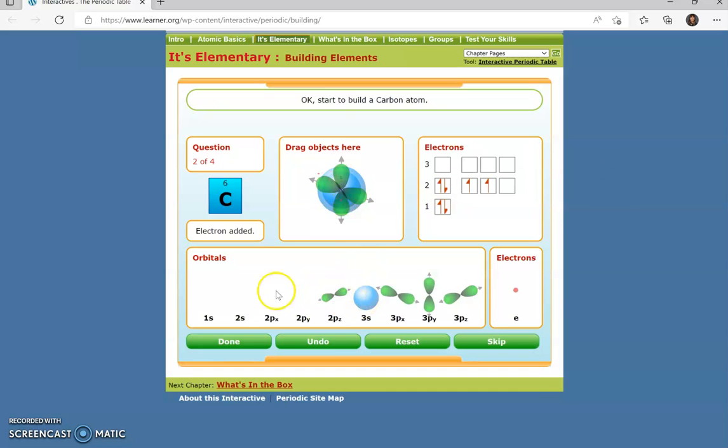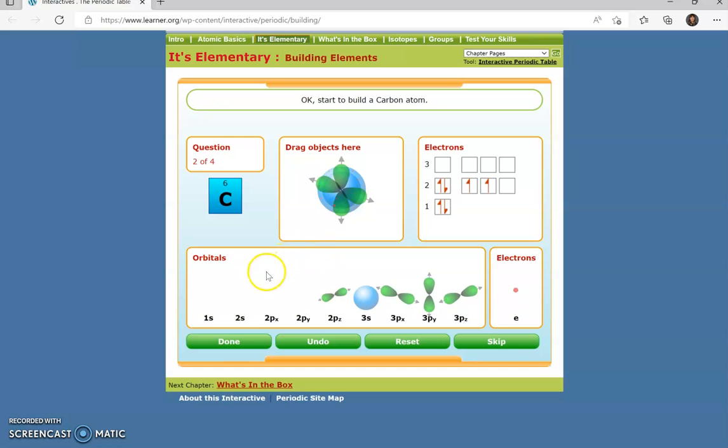Each of these p's can fit 2 electrons, and there's 3 in total. So you can technically fit 6 electrons in all of the p orbitals, 2px, 2py, 2pz, all of those together. So 1, 2, 3, 4, 5, 6. This has 6 electrons. So this is what carbon would look like in terms of a physical model.